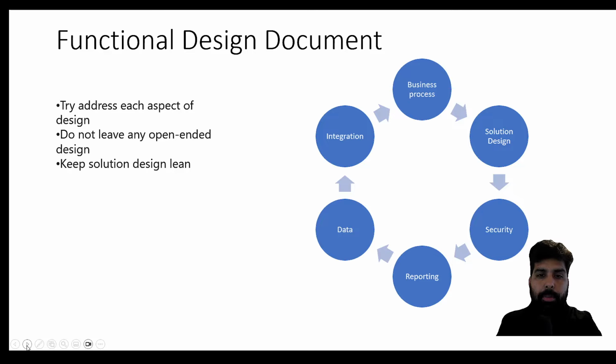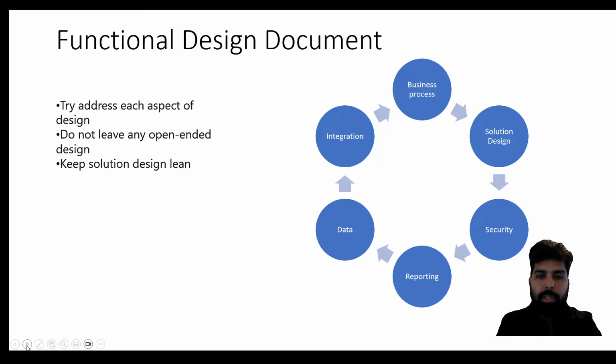So these are broadly the major areas which we need to consider, and we need to draft the document very clearly to cover all these areas in our functional design document. So try to address each and every aspect of design. Do not leave any open-ended design or open-ended question in the document.